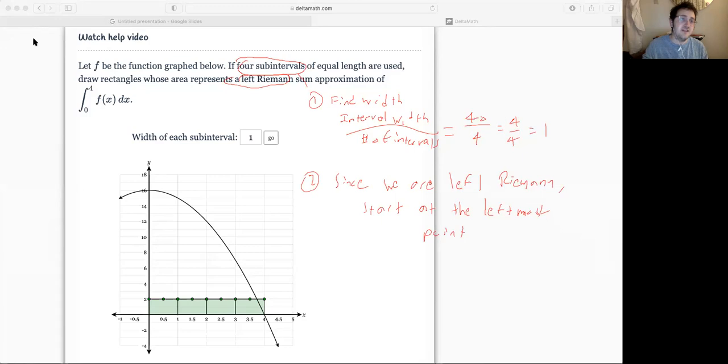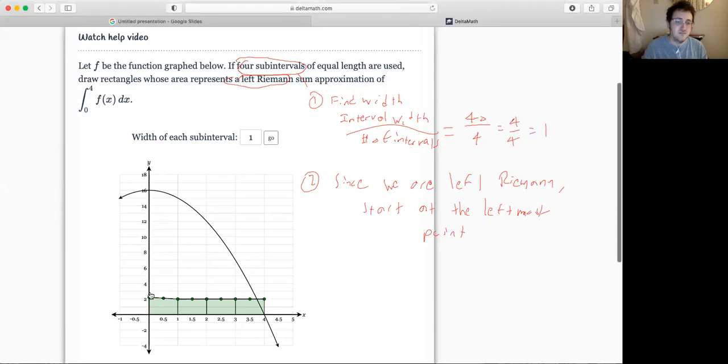What this means is I'm going to drag my cursor to the y value. So here we go. This rectangle is going to have a height of 16. Be sure to drag this point up so you can get to that 16 height. Make it a rectangle.